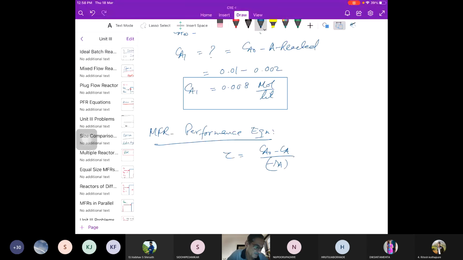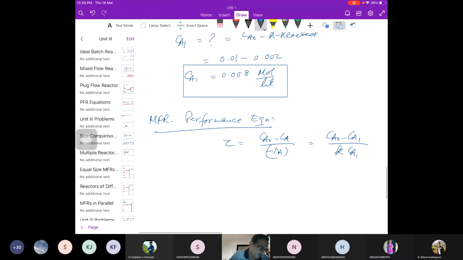Find the value of K. Okay, so this is tau 1 लिया मैंने.